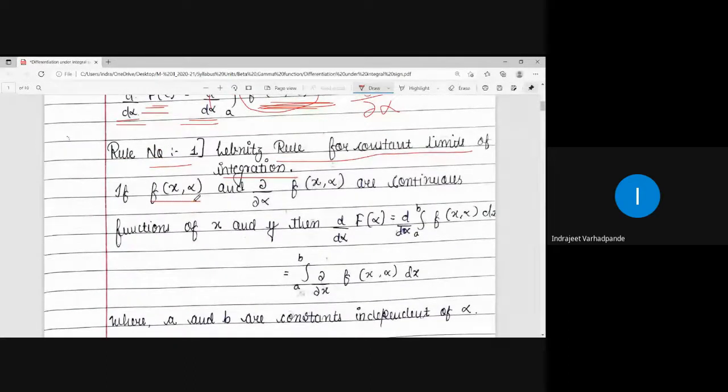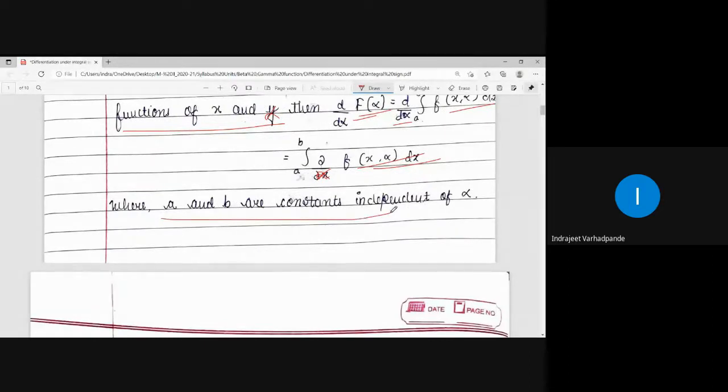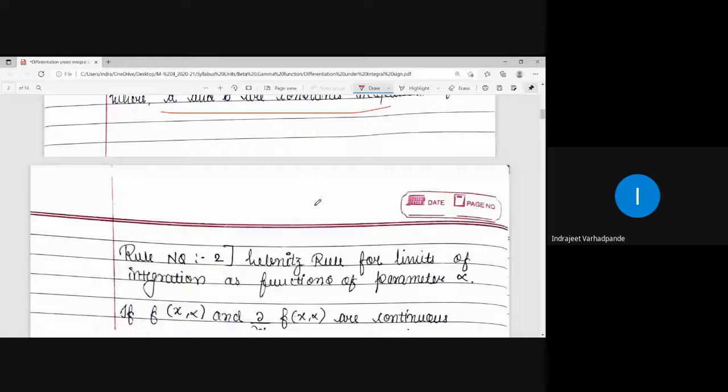So if f of x comma alpha and ∂/∂α of f of x comma alpha are continuous functions of x and alpha, then d by d alpha of F of alpha, which is d by d alpha integral a to b f of x comma alpha dx, becomes integral a to b of ∂/∂α of f of x comma alpha dx, where a and b are constants independent of alpha. We will be integrating after taking the derivative with respect to alpha.